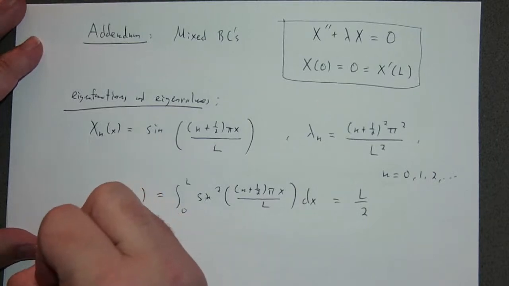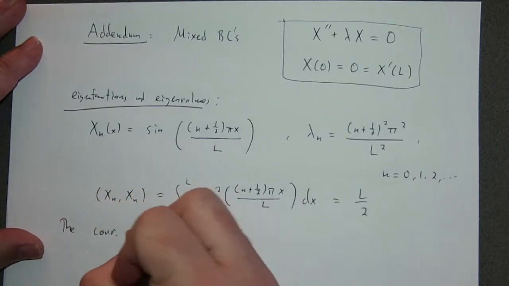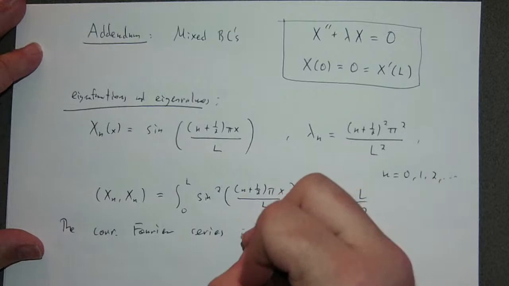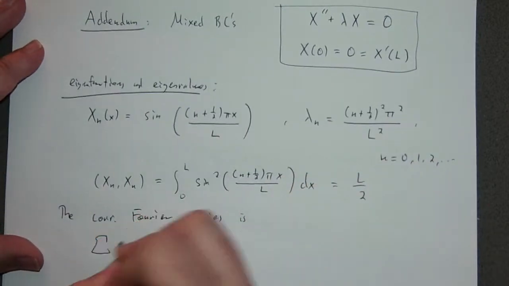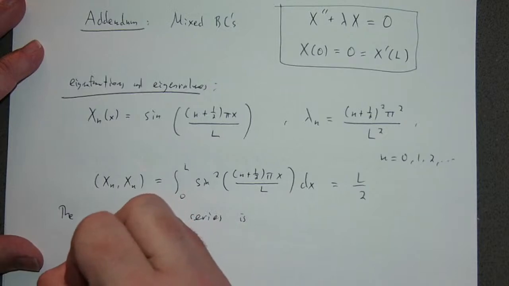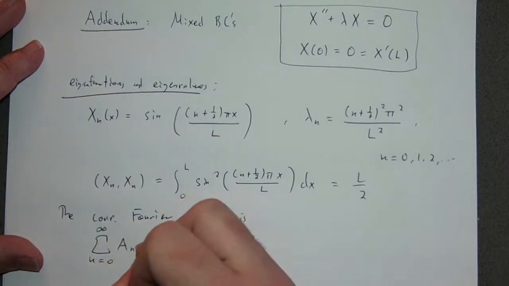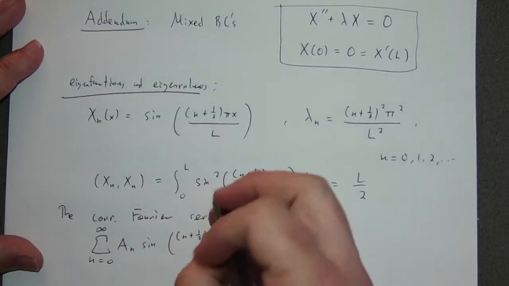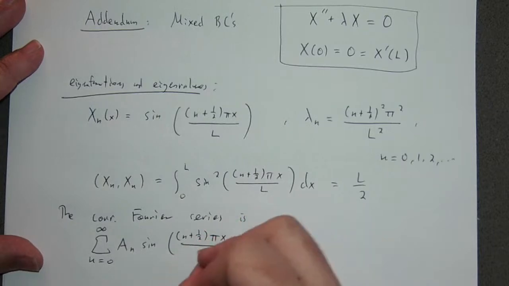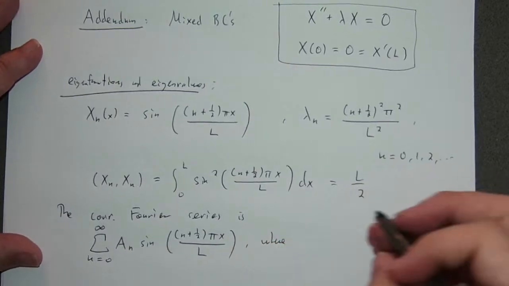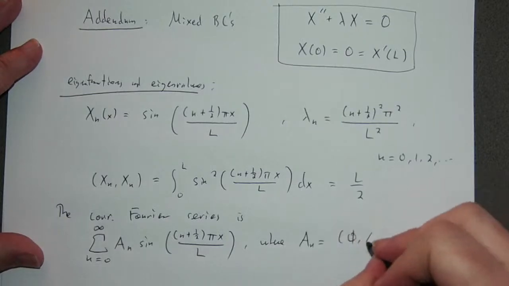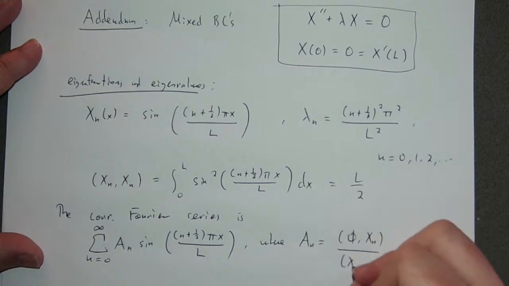So the corresponding Fourier series is the sum from n equals 0 to infinity of a_n sine of (n plus 1/2) pi x over L, where a_n is, as usual, phi paired with X_n over X_n paired with itself.